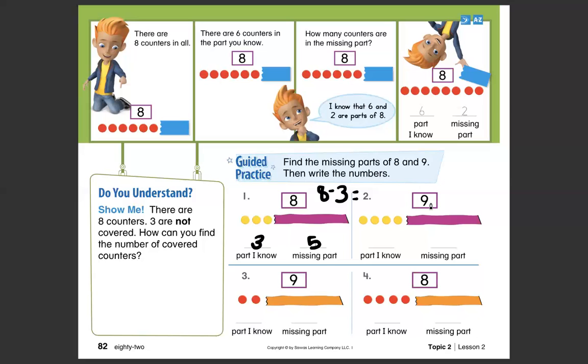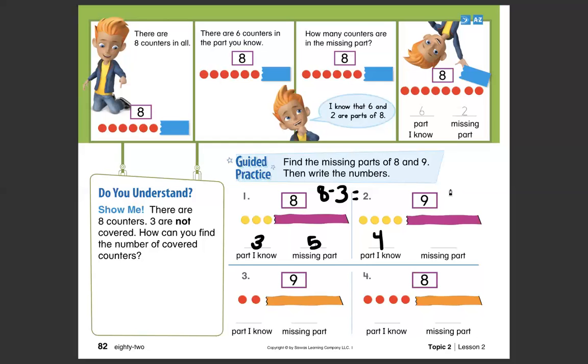That's right, number 9. All right, let's see how many dots they showed us. How many dots did they give us? 1, 2, 3, 4. They gave us 4 dots. So under the box that says part I know, we're going to put the number 4 because we know that there are 4 parts. 1, 2, 3, 4.